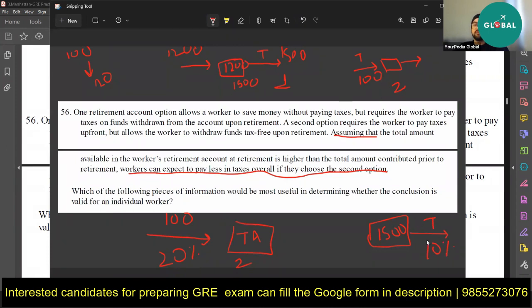Then you can't say you have to pay more tax in the first option. I changed the sequence. In the first option, you are paying tax when you are extracting money out, which is more than whatever you are depositing. But if while depositing you have 20% tax, and while extracting it is 10% tax, then this whole argument will fail. Are you getting my point?